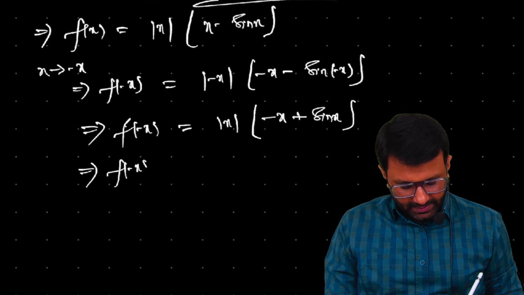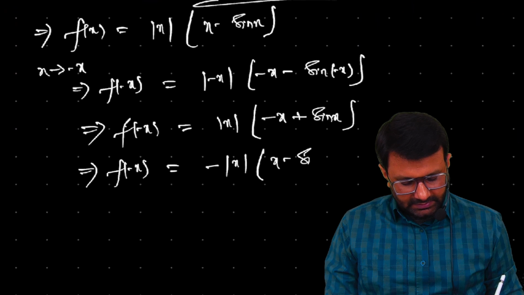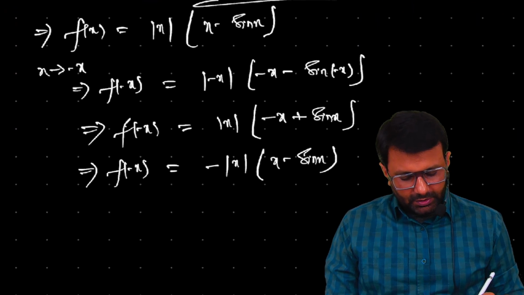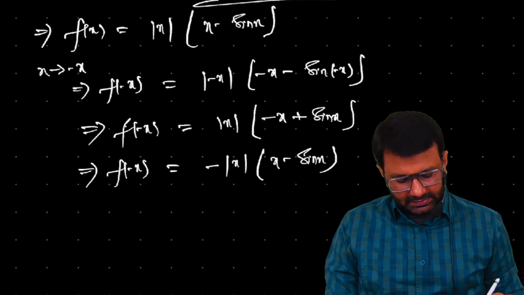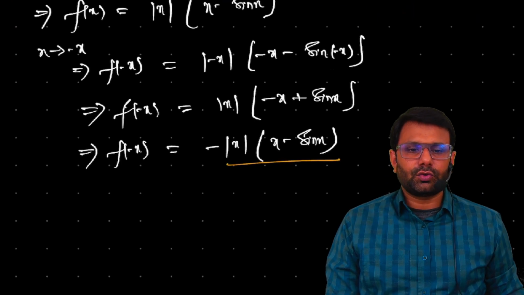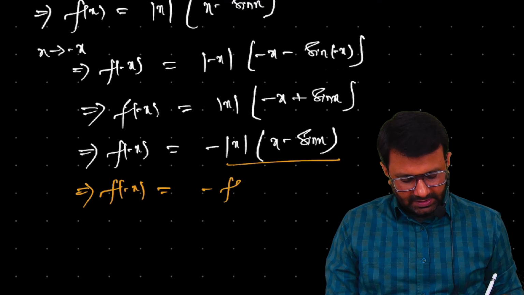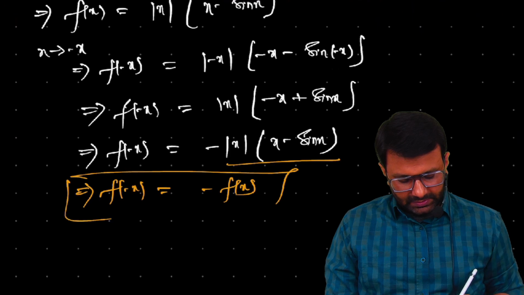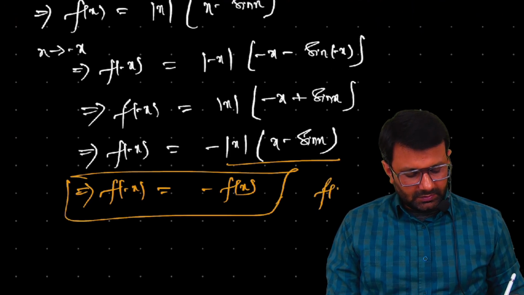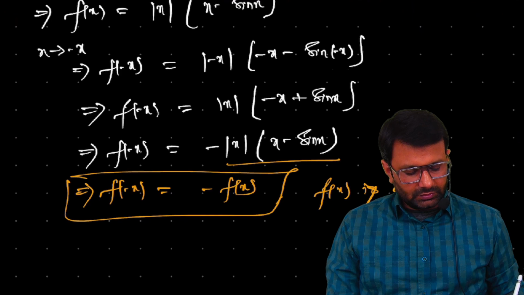So f of minus x is equal to minus mod x into (x minus sin x). Mod x into (x minus sin x) is f(x), no? Yes or no? So f of minus x is equal to minus f of x. So this function is an odd function. So f(x) is an odd function.